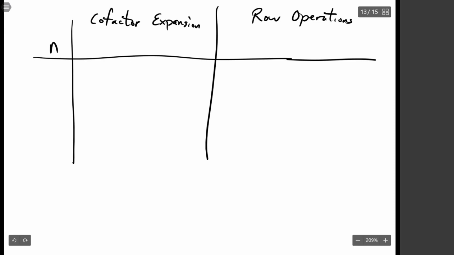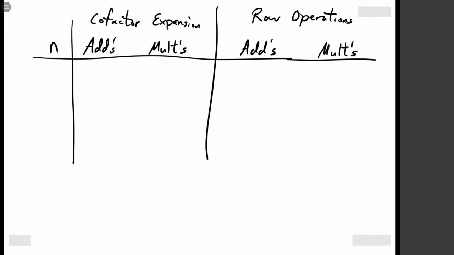And again, this is row operations just to bring us down to a triangular matrix, because once we have triangular, we just multiply the diagonal. So what we're going to talk about here is how many individual additions and multiplications we have to do.